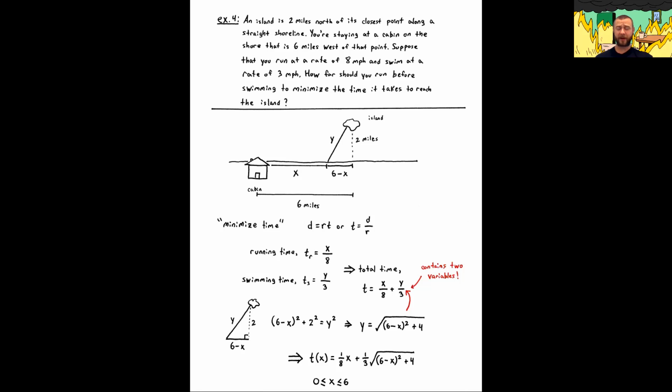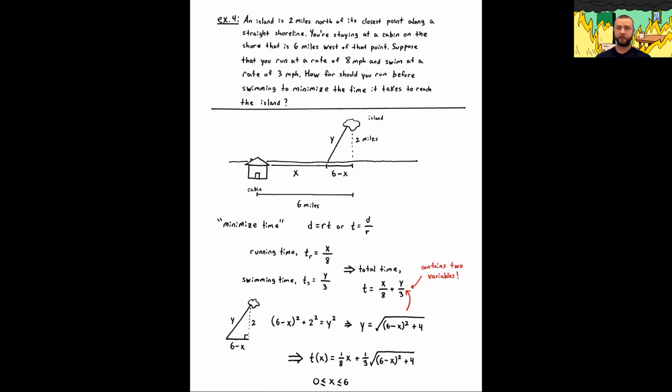And then we'd have to swim backwards. Now, you'll reach the island eventually, but it's not going to be in as short a time as possible. So hopefully you can see here the distance we run down the shore should be somewhere between 0 and 6 miles. So we have an interval here that'll come back once we get through some algebra involved in finding the critical points.